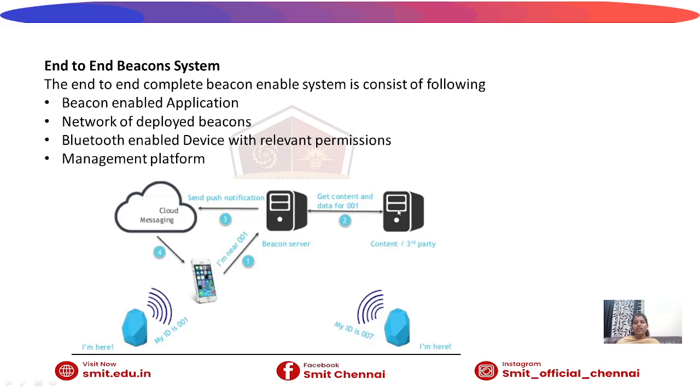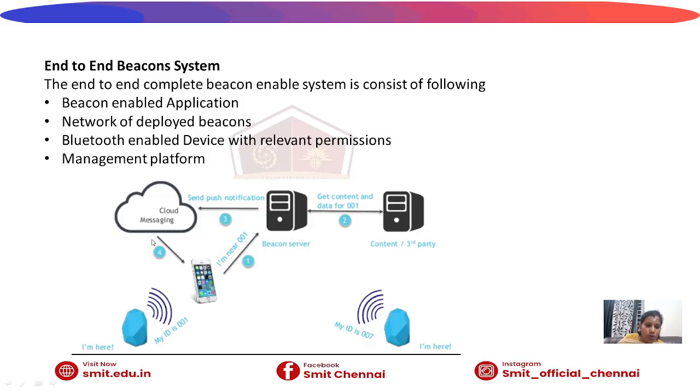What is the content? They may be employees or clients. If an employee has an ID card using an RFID tag, they will use the beacons. After that, the data goes to cloud messaging, which sends a push notification.